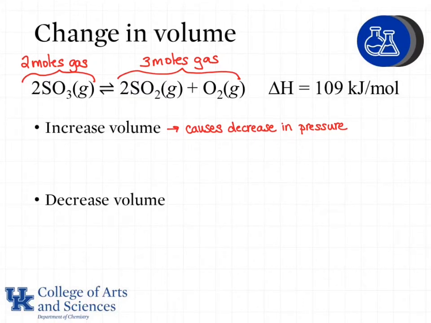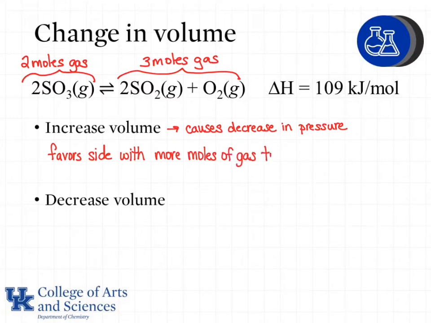To minimize that decrease in pressure, we need to do something that will cause an increase in pressure. As a result, we will favor the side of the reaction that has more moles of gas, because more moles of gas will result in an increase in pressure. So this reaction will shift to the right with an increase in volume.